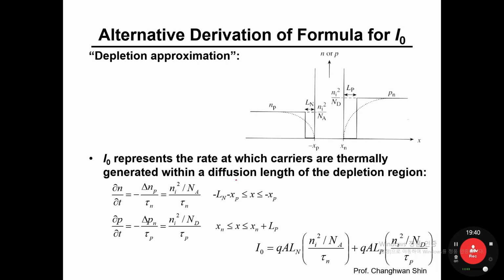Well, in the end, you're going to get this equation, okay? But please write down in your own words how to get to the final form of the saturation current I_0. So that would be the homework for this week.